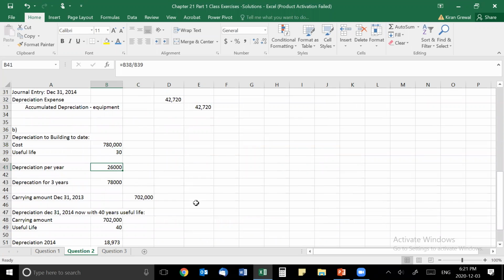So depreciation per year, if you take your 780 and divide it by 30, is 26,000. For all 3 years, that's 78,000, which means the carrying amount is 702,000 as of, I guess, opening 2014.